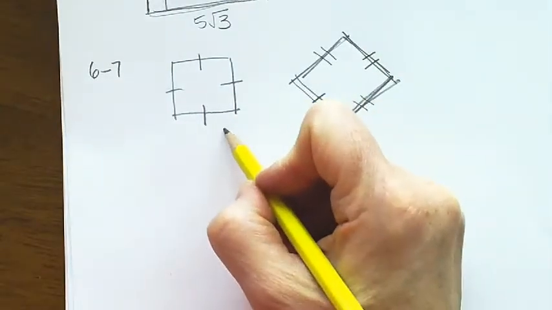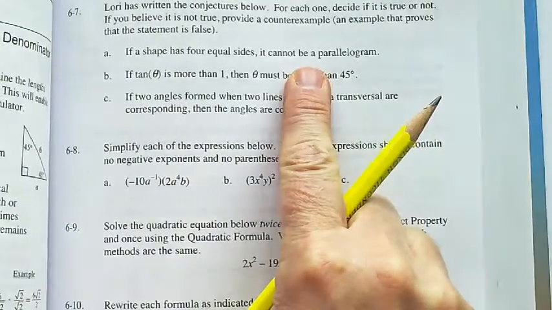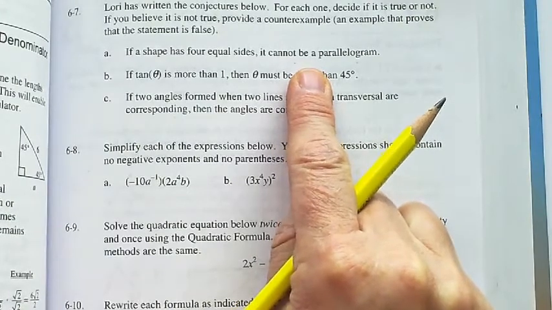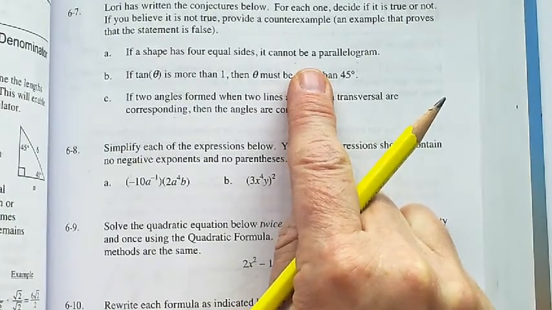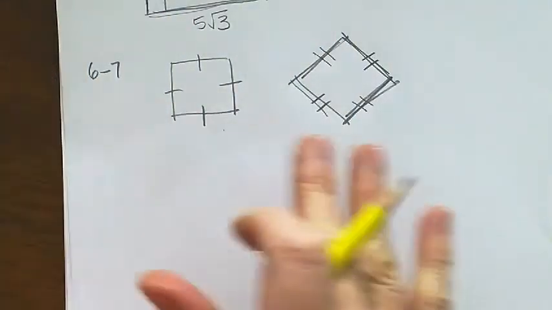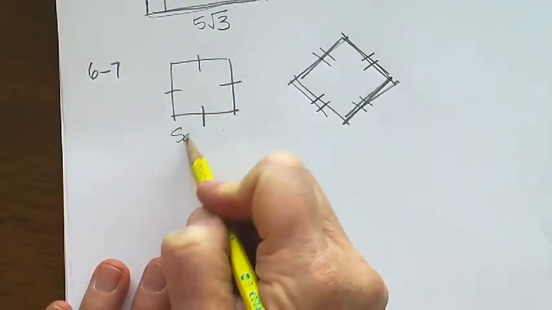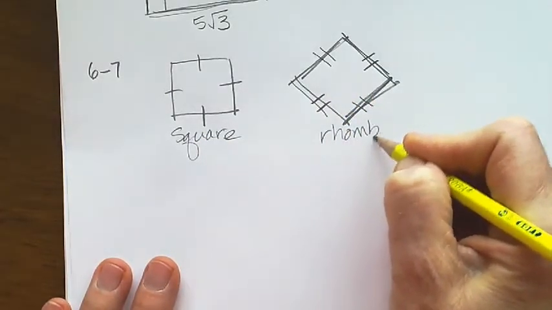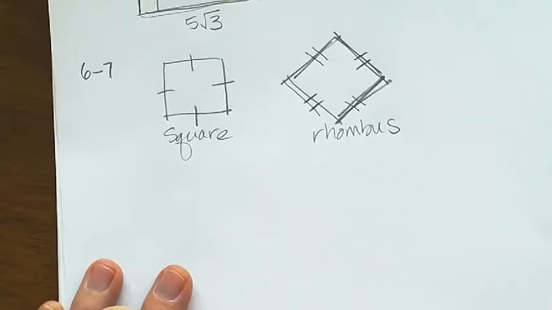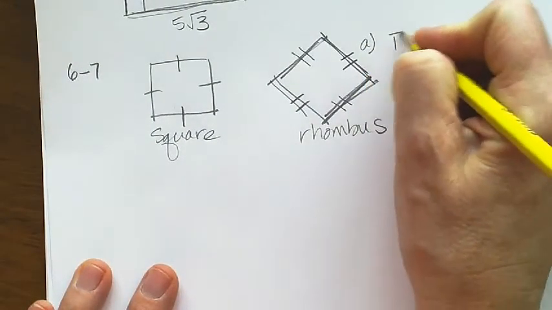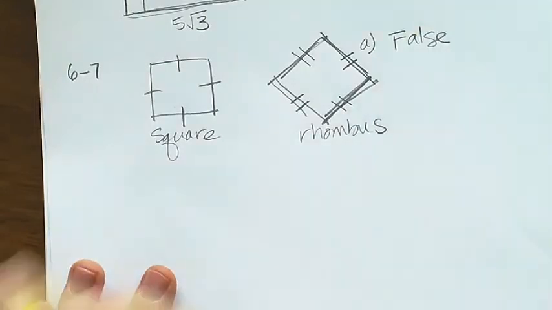So this is saying it cannot be a parallelogram. There's no way to draw a quadrilateral with 4 equal sides and have it not be a parallelogram. A square is a parallelogram, and a rhombus is a parallelogram, and they both have 4 equal sides. So that statement for part A is false.